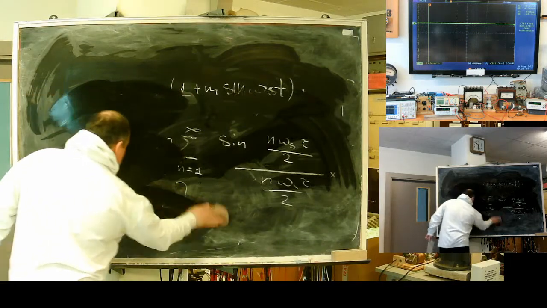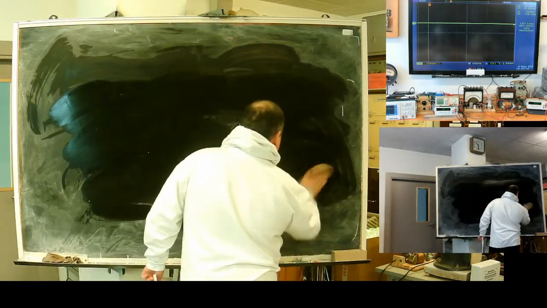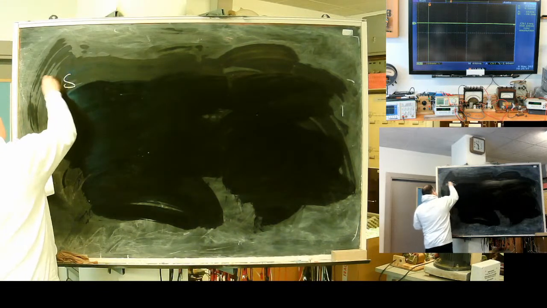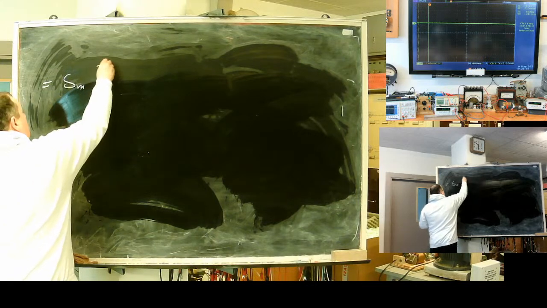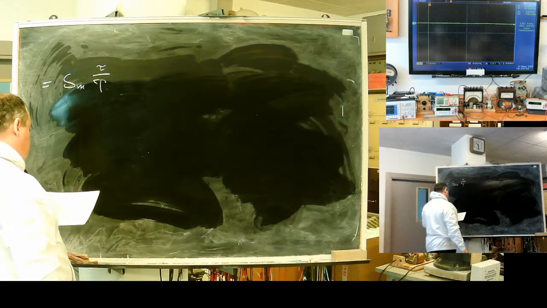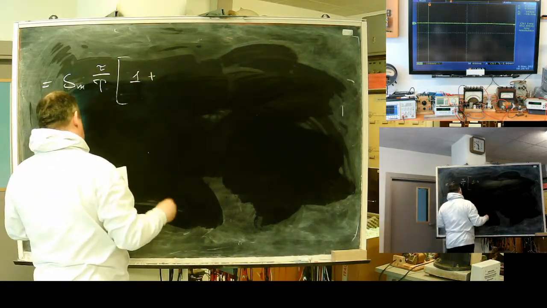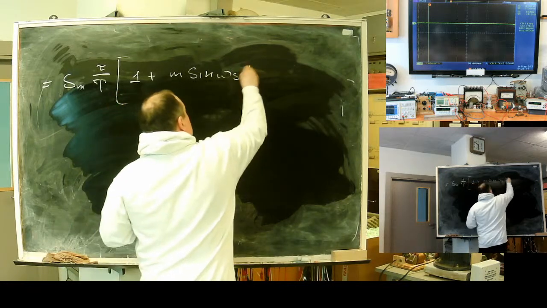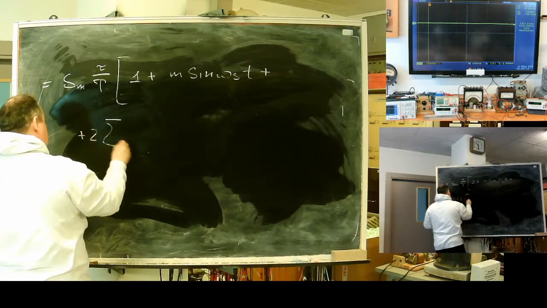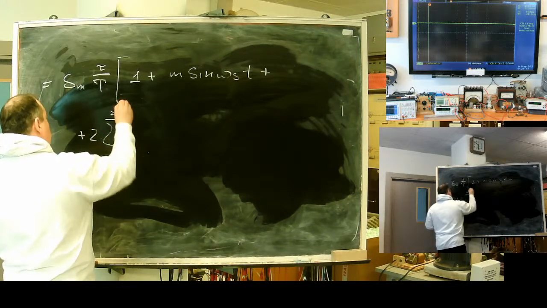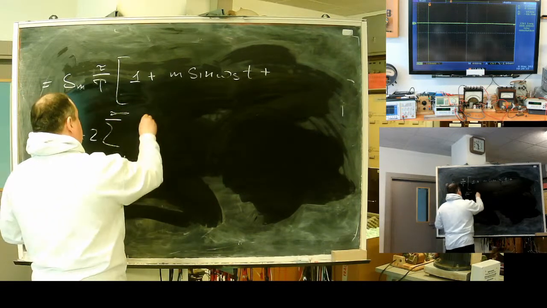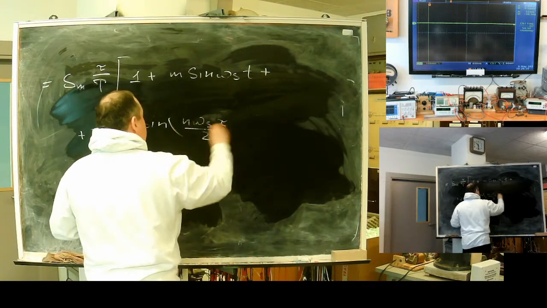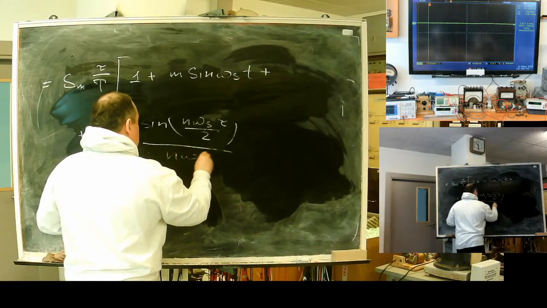We will get something like this, equals S max tau divided by pulse repetition period multiplied by 1 plus modulation depth sine omega s t, plus a double sum where n changes from 1 to infinity of sine n omega s tau by half divided by n omega s tau by half.